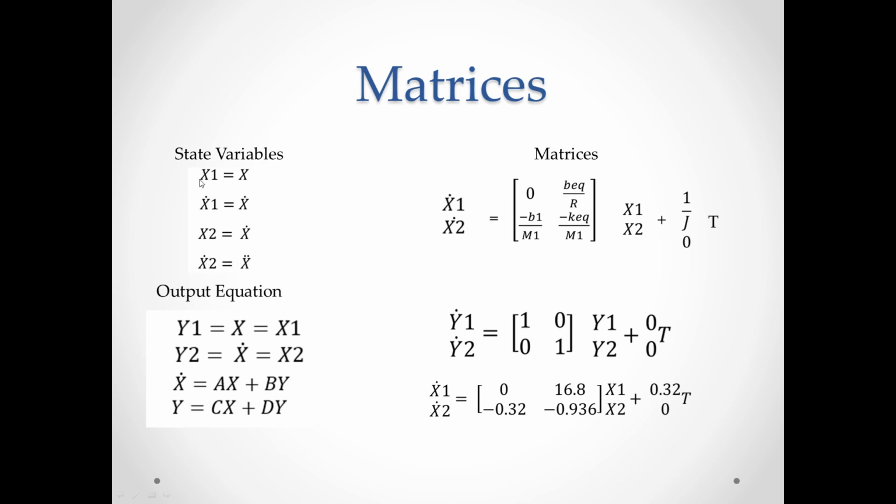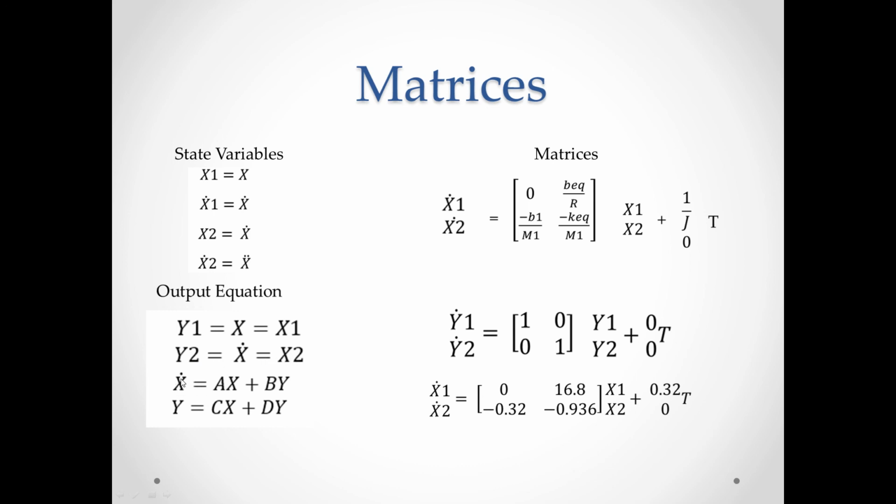So we have our state variables: x1 equals x, x1 dot equals x dot, x2 equals x dot, x2 dot equals x double dot. You now have your matrices from this equation with these state variables, making this thing. You have your b equivalent over your radius, the b1 over mass 1, etc. Now you have your output equation, where y1 equals x equals x1, y2 equals x dot equals x2.